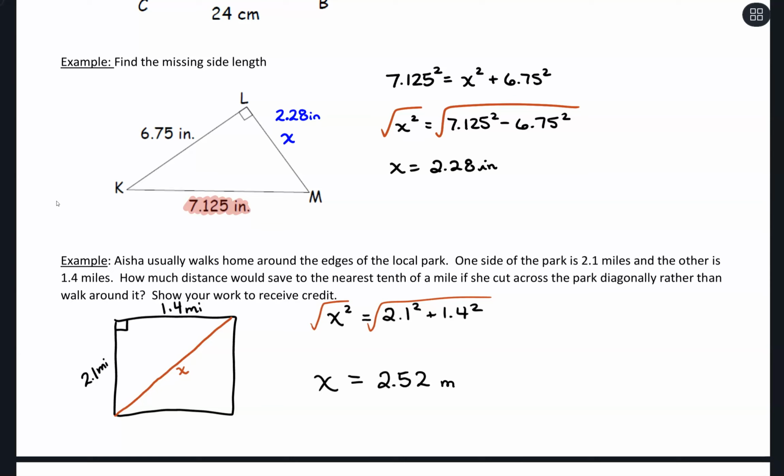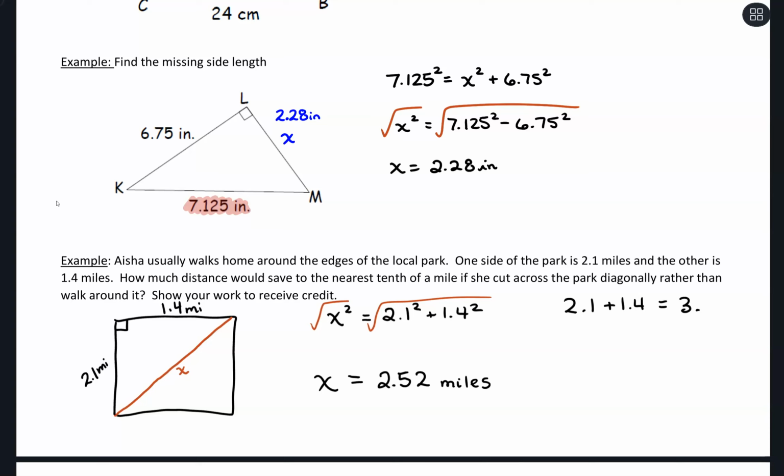And that would be in miles. So how much, okay, I can figure out what's trying to be said here. So we want to know how much distance she is saving by going diagonal versus going around the park. So typically she travels the 2.1 miles plus the 1.4 miles.